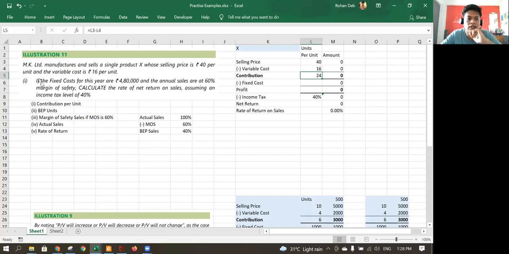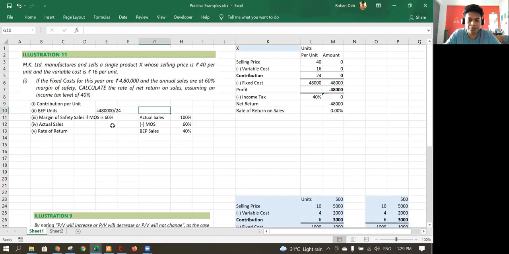Now it's given that fixed cost is 4,80,000. So if my fixed cost is 4,80,000, what is my break-even point? Break-even point is a point at which there is no profit or loss. So how do we calculate the break-even point? Fixed cost divided by contribution. So to calculate the break-even point, we would do 4,80,000 divided by 24.